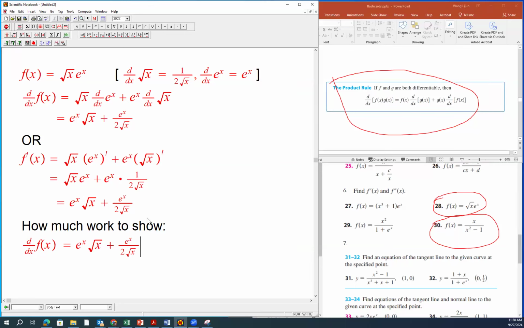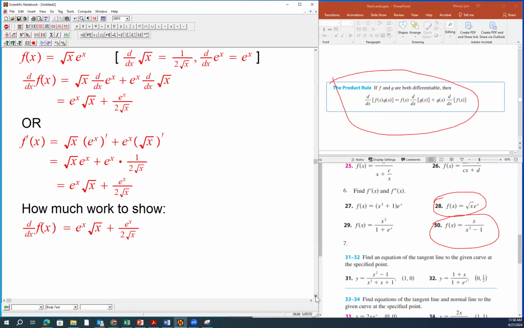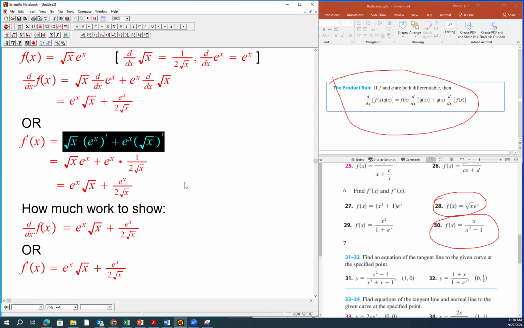You don't have to show so many lines like I did. If you show the prime notation, that's good enough. You don't have to show these small details as you get better, because pretty soon we're going to use derivatives to tackle more complex situations.